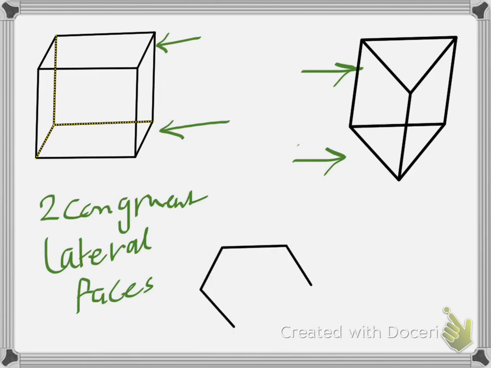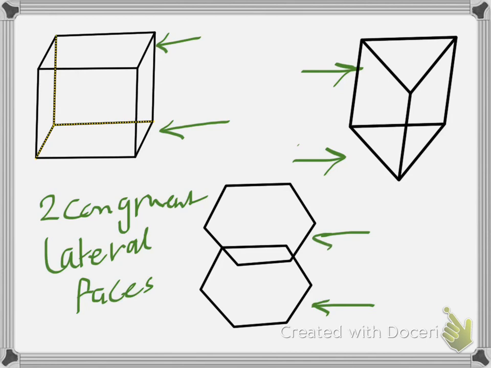Let's check another one. We can see that we have in here a hexagon and another congruent hexagon. These are our bases, and then we will start connecting between these two bases with line segments to form the lateral faces.